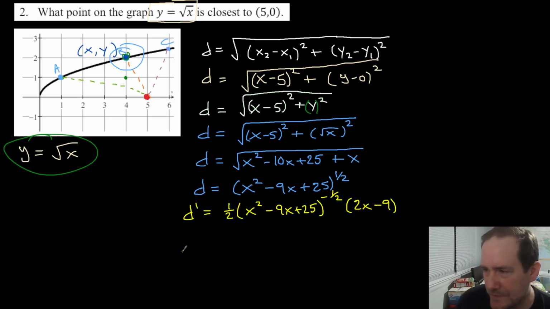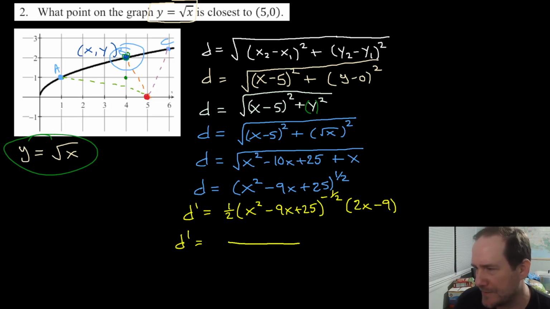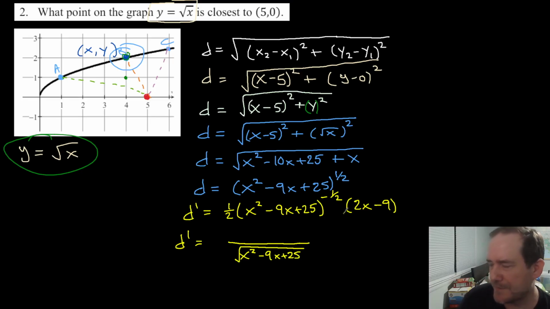I would rewrite this. We'll still call it d prime. Now I've got a negative exponent, so I know that I'm going to want to make a fraction and push all this stuff that's being raised to the negative power down to the denominator. So you've got this x squared minus 9x plus 25 in the denominator now, and we'll make it back to a radical.